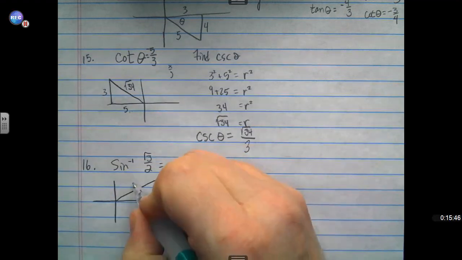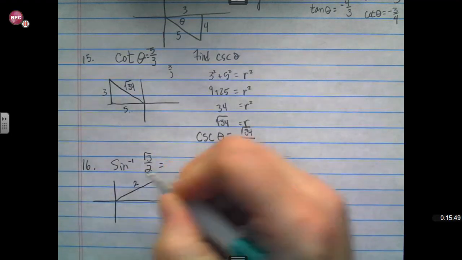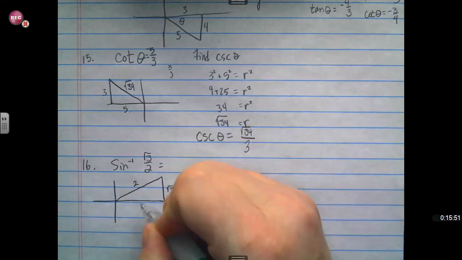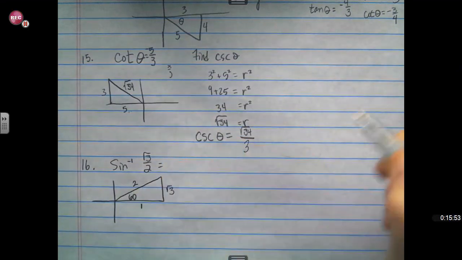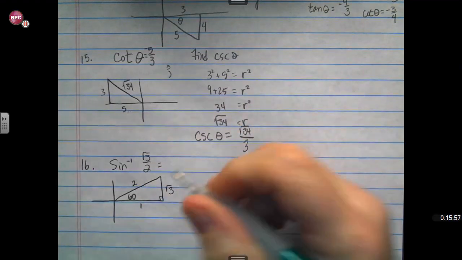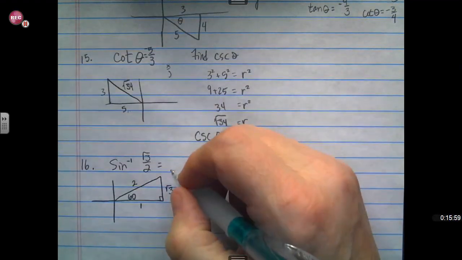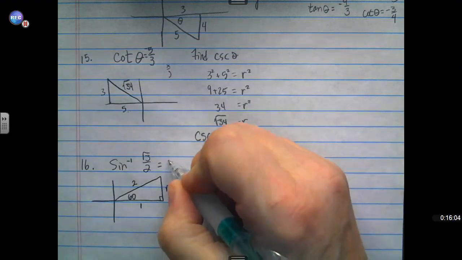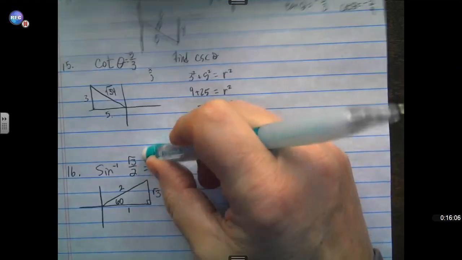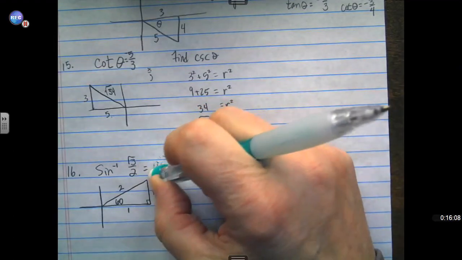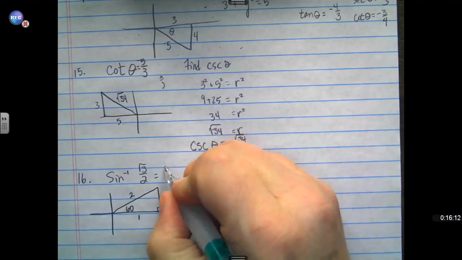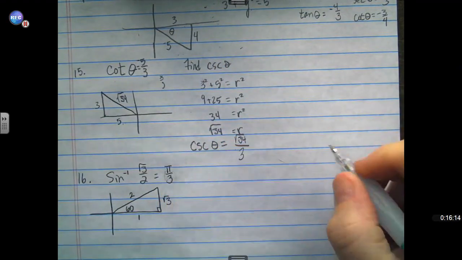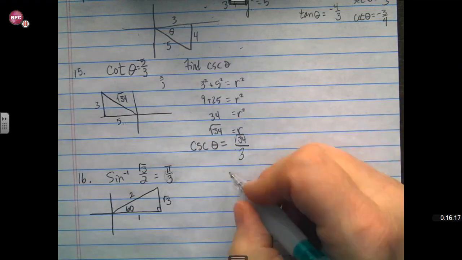The hypotenuse, the radius, is 2, which means this is 1. I recognize that triangle at 60. So 60-degree angle there. Oops, it's set to find these answers in radians. Sorry. 60 degrees is pi over 3. So that would be our answer, pi over 3.